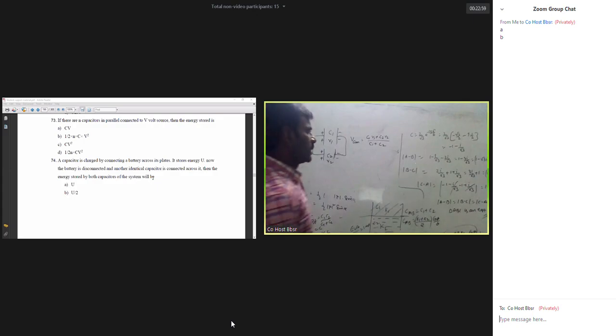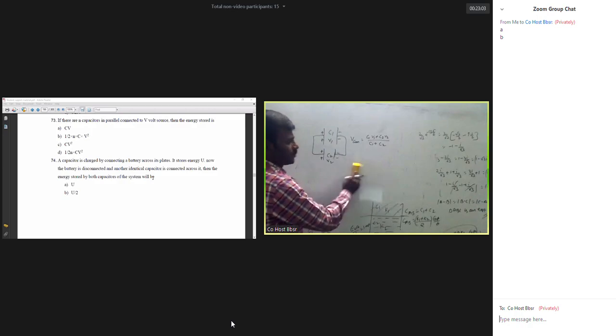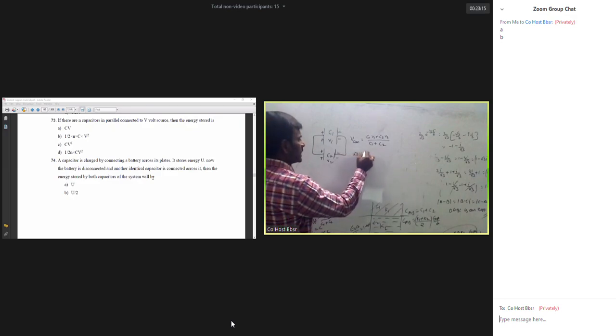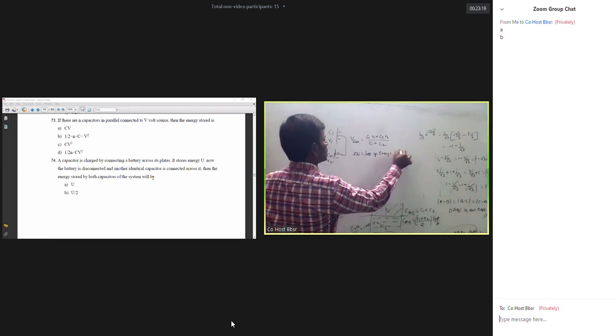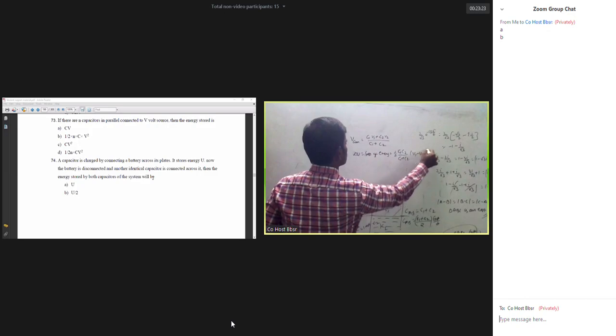See, when two charged capacitors are connected, the charge will flow from higher potential to lower potential until both get the common potential. Here delta U is equal to the loss of energy, C1 C2 by C1 plus C2 into V1 minus V2 whole square.